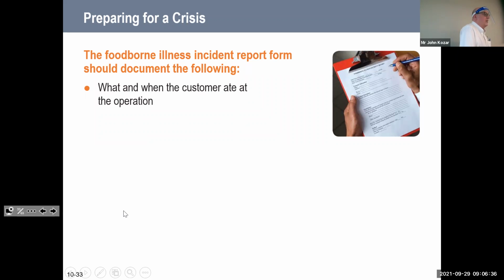Things that should be included on that form: what and when the customer ate at the operation. And what did we say the time period was for onset of symptoms for foodborne illness? There's a range of times.